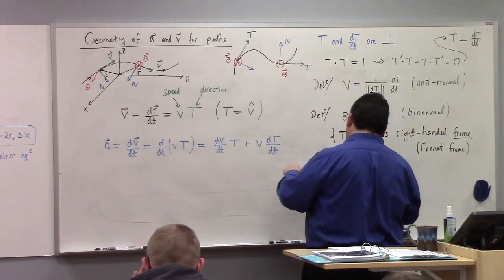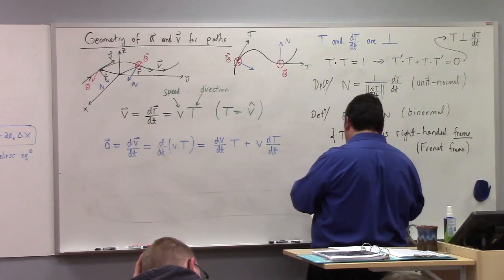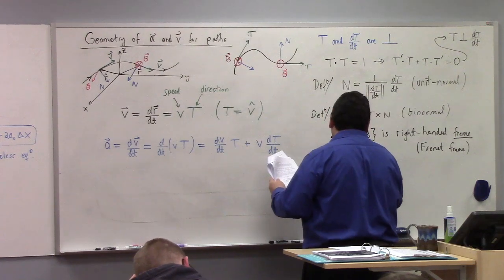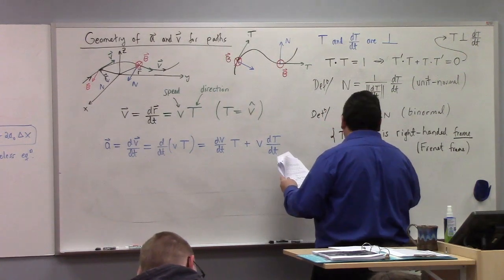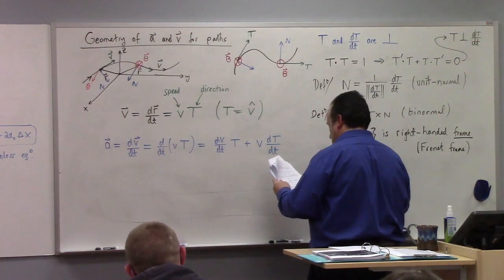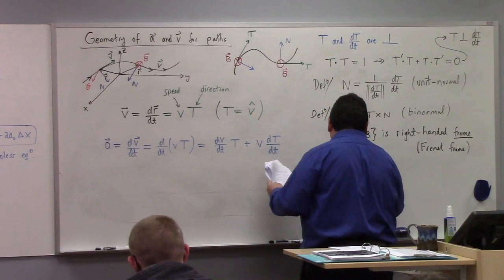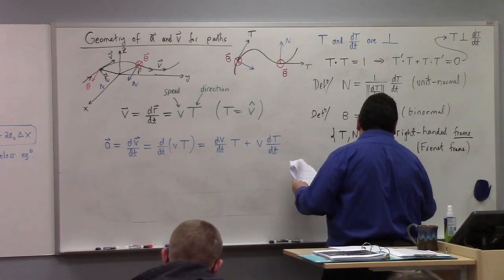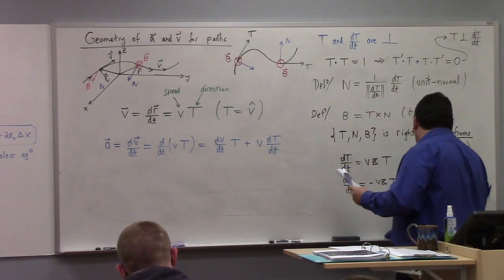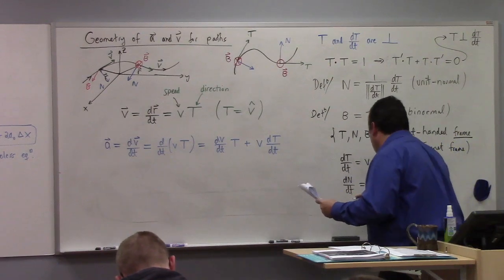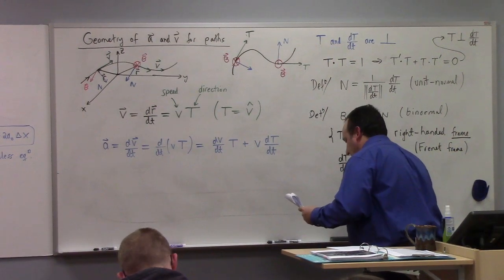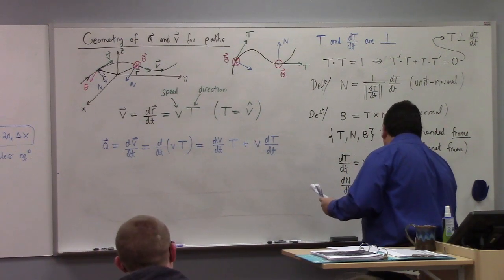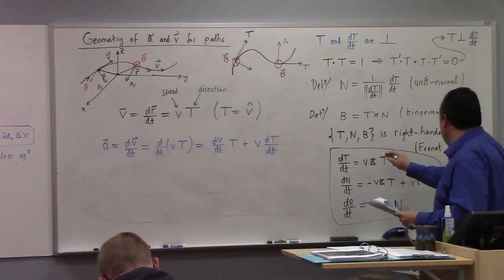I won't derive them here because this isn't the right place, but I will state them for you. dT/dt is v kappa n, and dN/dt is minus v kappa T plus v tau B. And finally, dB/dt, so these are page 35 of my notes, if you're wondering, is minus v tau N. So these are the so-called Frenet-Serret equations.